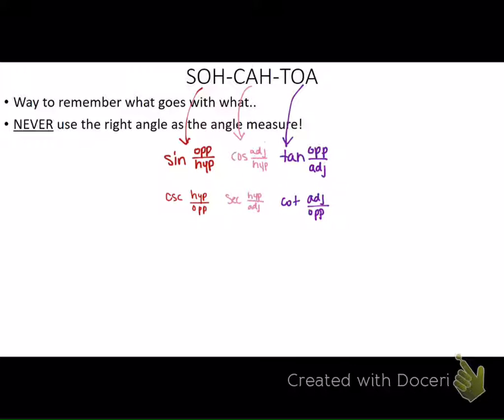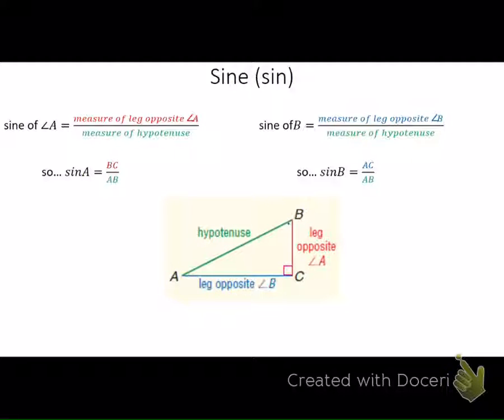So just as a reminder, the ratios are going to depend on what angle we are referring to. So in this case here, the sine of A is saying our reference angle is A. So if we're referencing angle A, the opposite leg to A is BC, and the hypotenuse is still AB.